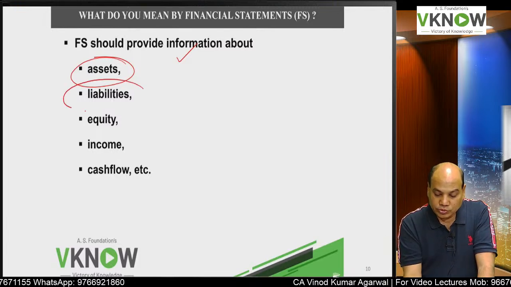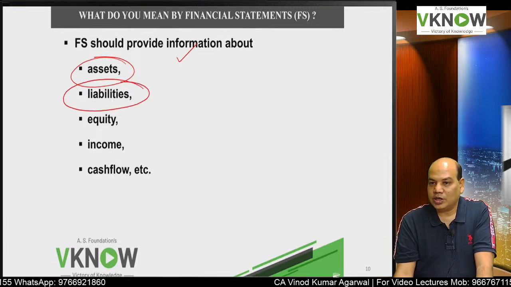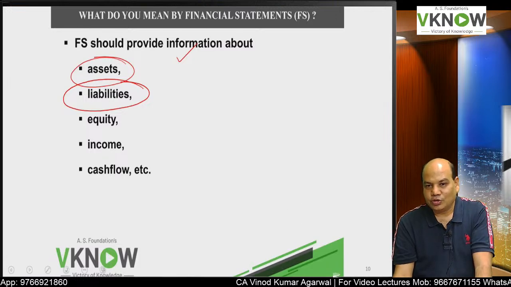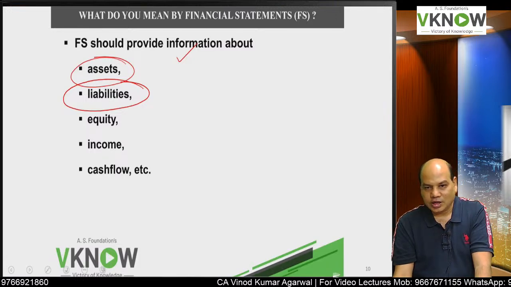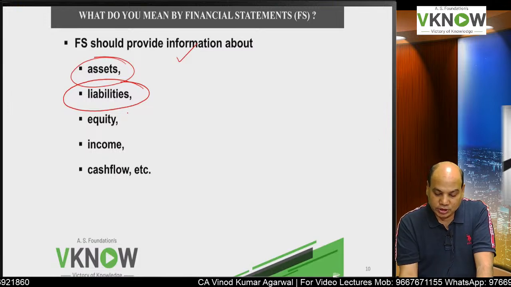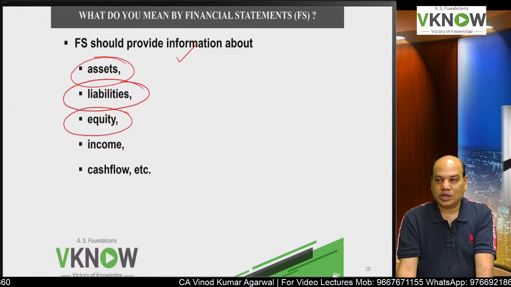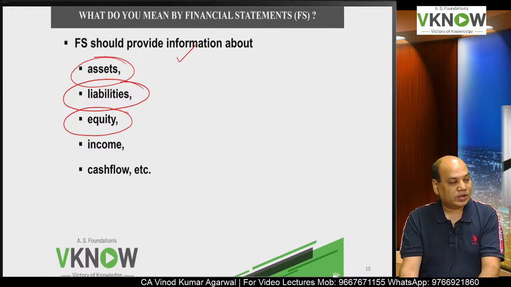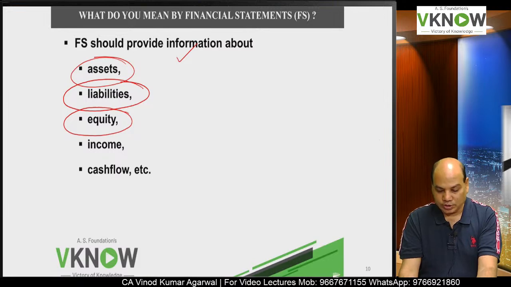Then it also gives you all the liabilities of the company on a given date, divided into non-current liability, current liability, provisions. Then it gives you information about equity, that is owner's money. How much is the amount invested by the owners in the company.